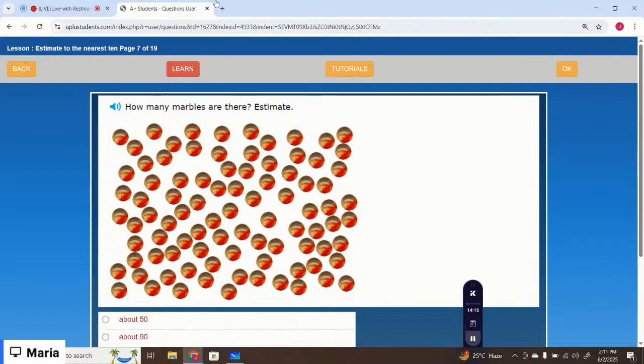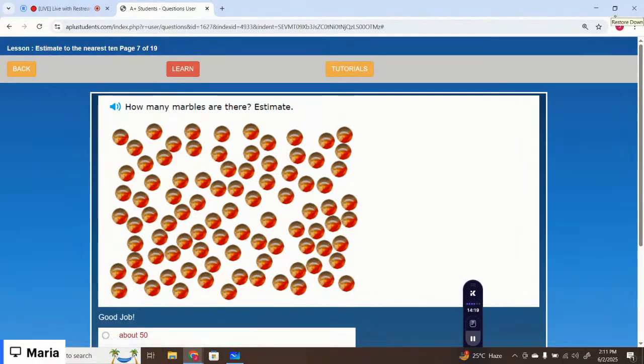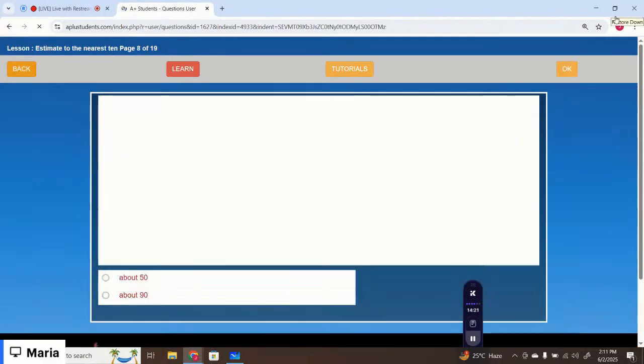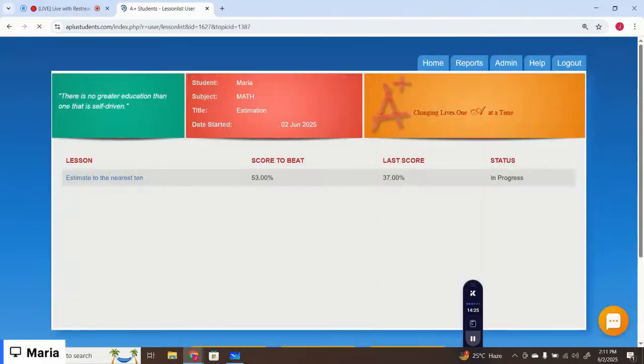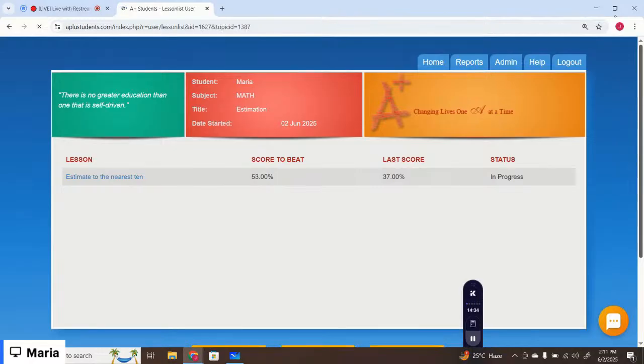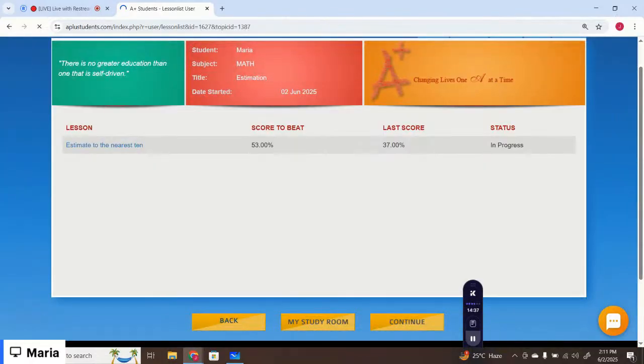Option number two is the correct option. Okay, you can complete the lesson by yourself every day. So this is the only lesson in the chapter estimation. Now I'm going to start the next chapter, that is two-dimensional figures.